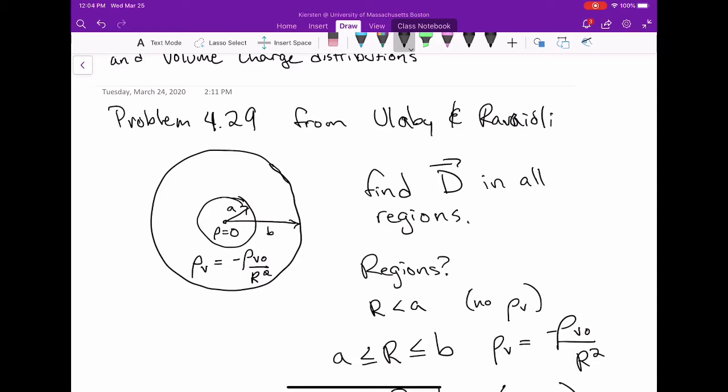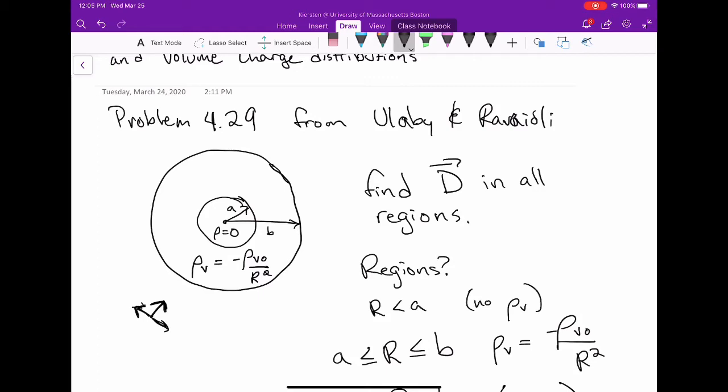If I pick some point out here and think about what components that charge density might have, it's definitely going to have some component that's pointing either towards or away from the sphere, depending on the sign of the charge density. Here it's negative, so I guess it would be pointing inward. So it's going to have some component pointing that way. But is it going to have any angular components this way or this way?